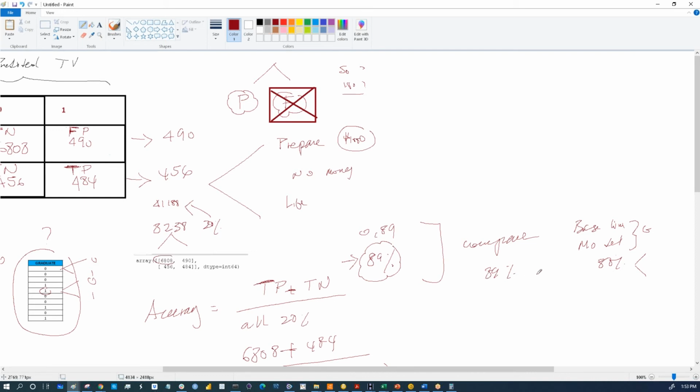It's better, but not good. 89 is better than 88, because for this one we got 11% wrong, and for this one 12%. But it's not good, so we have a lot of work to do.